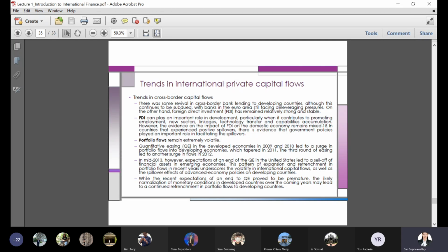That's why you can see the current tensions between Russia and Ukraine, and you see clearly that some countries already take sides.